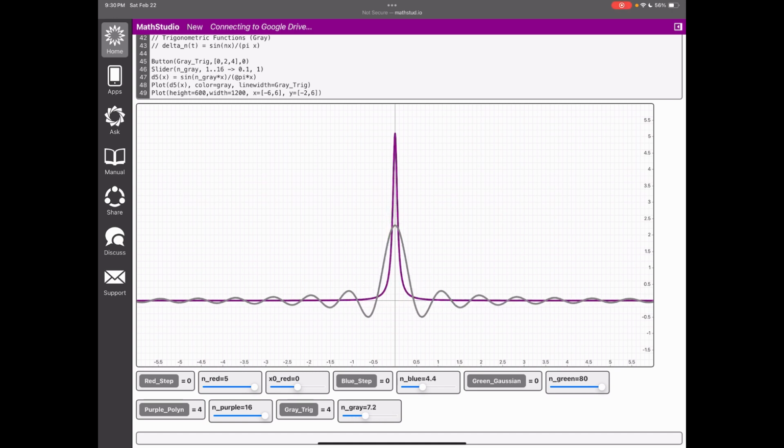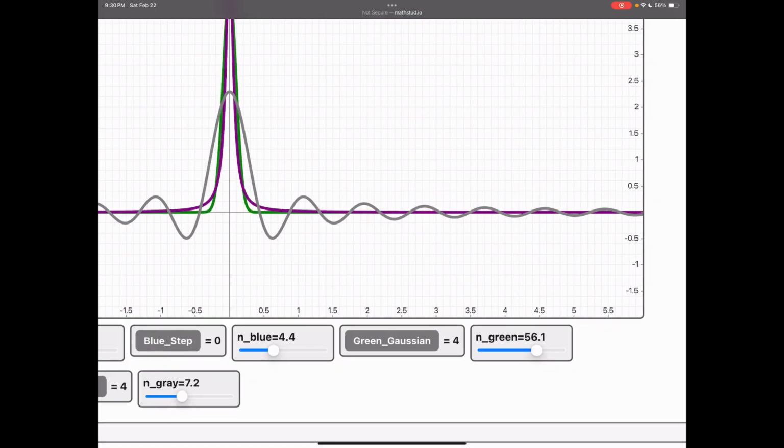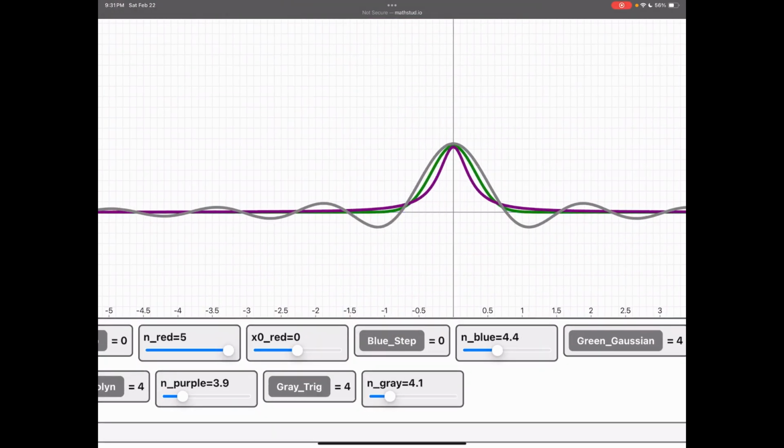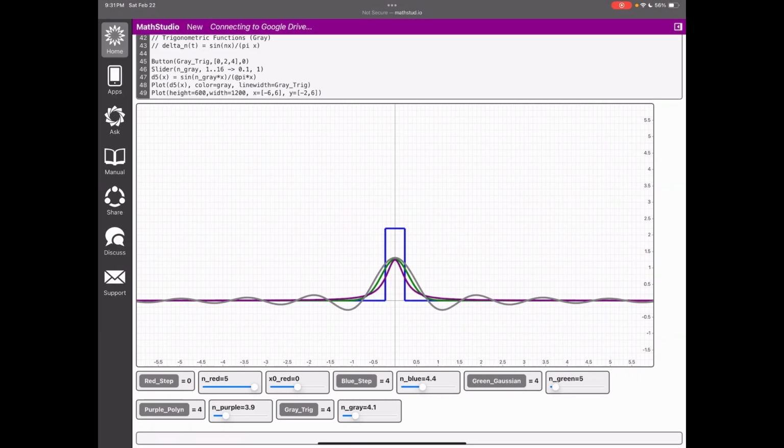All these functions have the same properties: the polynomial, the Gaussian function, the trigonometric functions, and the step functions. So there are infinitely many sequences we can use to define the Dirac Delta generalized function.